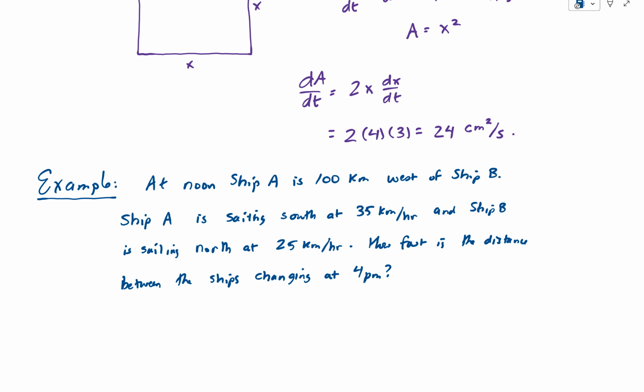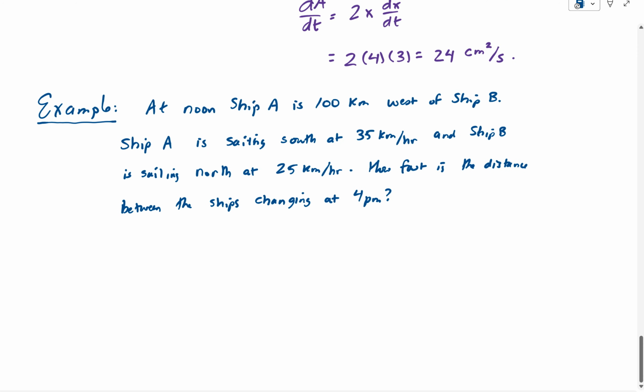Ship A is 100 kilometers west of ship B. Ship A is sailing south at 35 kilometers per hour, and ship B is sailing north at 25 kilometers per hour. How fast is the distance between the ships changing at 4 p.m.?